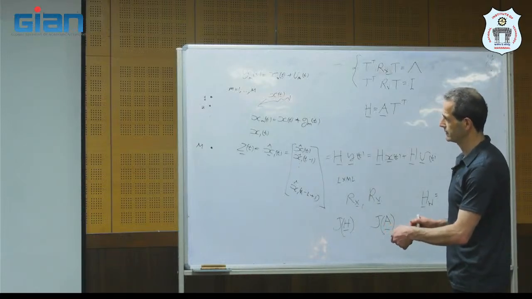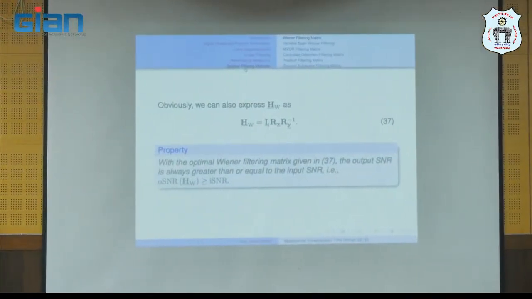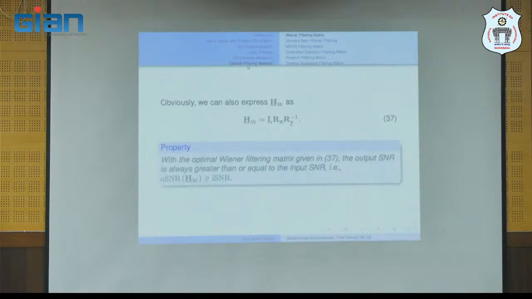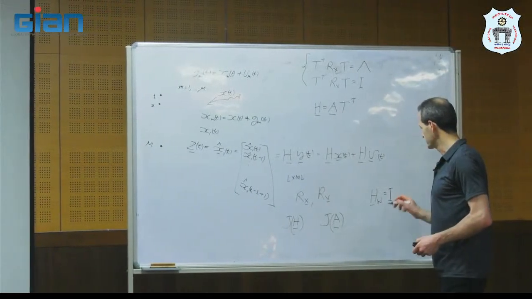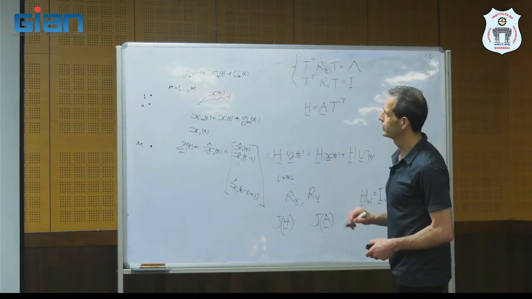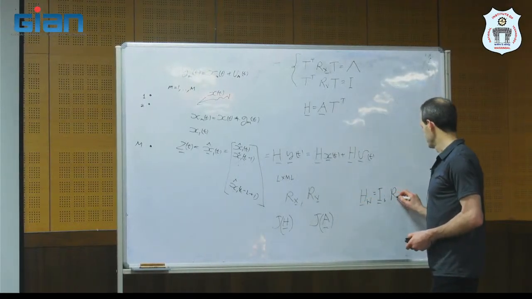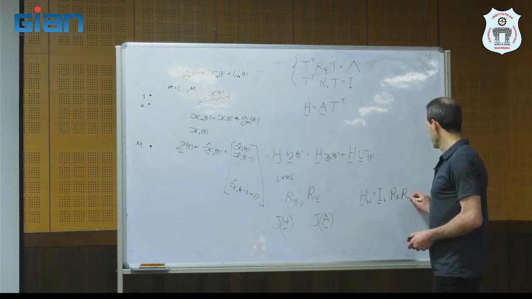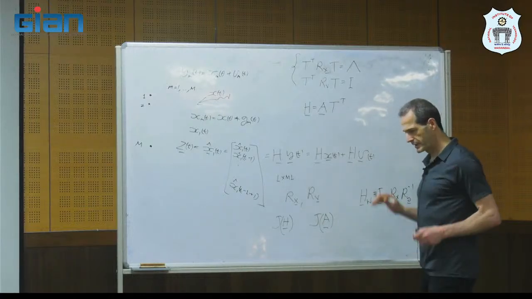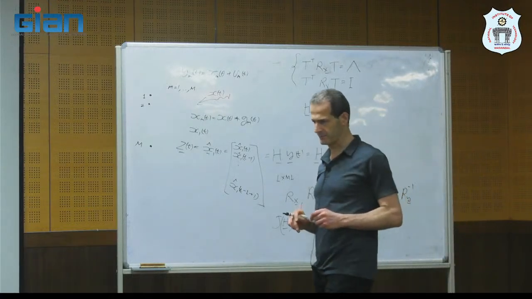I also gave you the definition of I_i: it is the identity matrix, and all the others below are zero. So you can check the definition. We can write it as I_i, this matrix, multiplied with R_x, R_y inverse. Of course, we can obtain it like this.